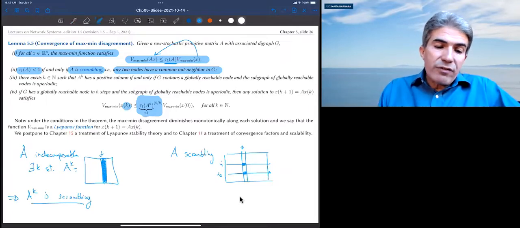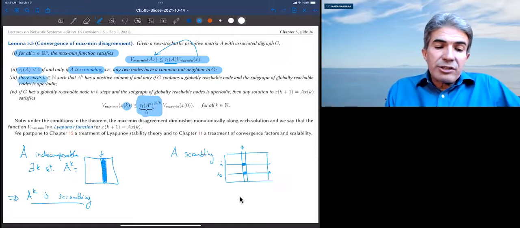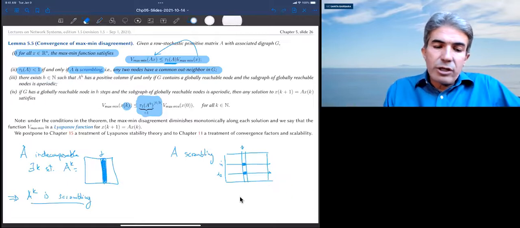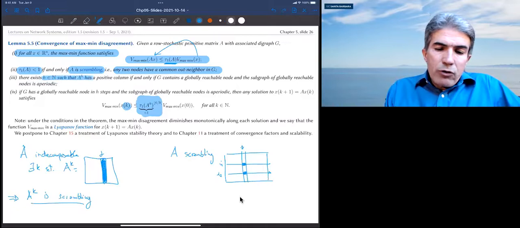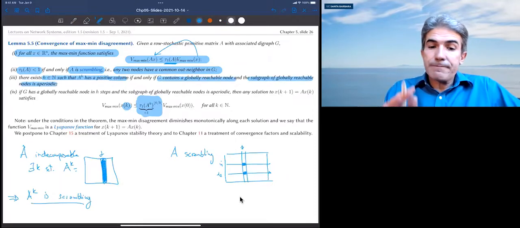So what that means is the following, and let me remind you, there exists an index h such that A to the h is strictly positive if and only if G contains a globally reachable node and the subgraph of globally reachable nodes is aperiodic.